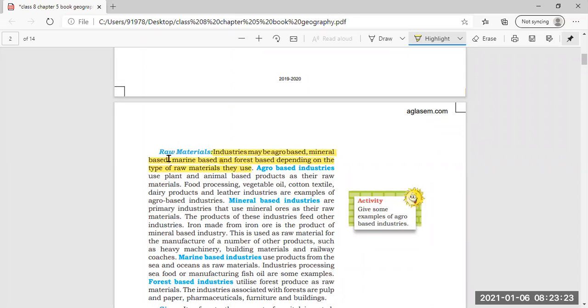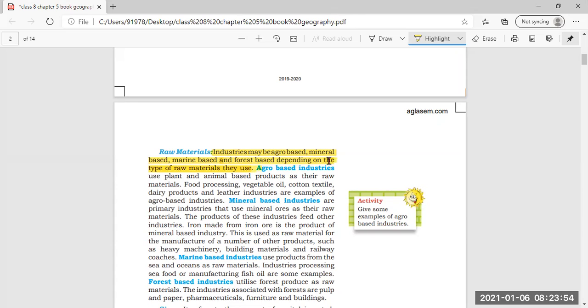Means the first category of industry is based on raw material. The main material the industry is using is agricultural based, based on minerals, based on water, marine means water, or those raw materials are taken from the forest. So on the basis of this, the industries are divided.